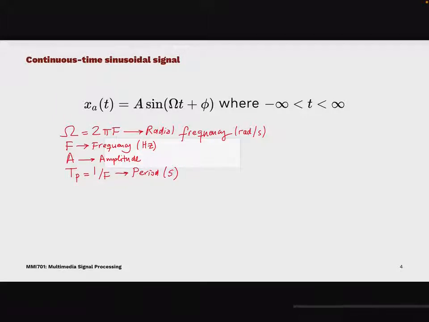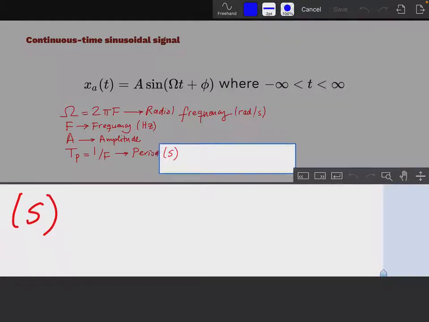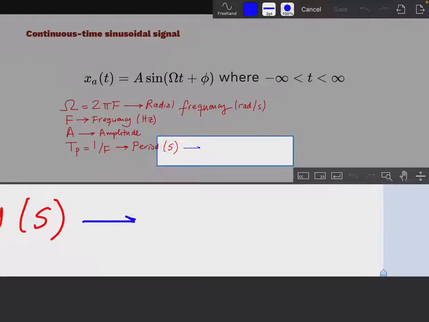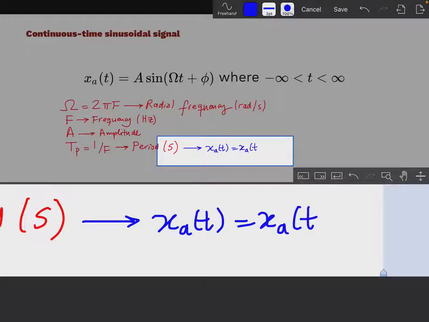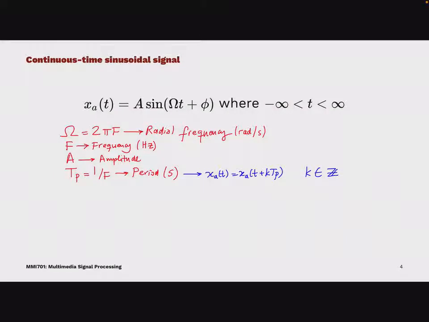That means x analog of t equals x analog of t plus k Tp, and k could be any integer. Okay, so far so good. So this is our continuous time sinusoidal signal, which is pretty simple.